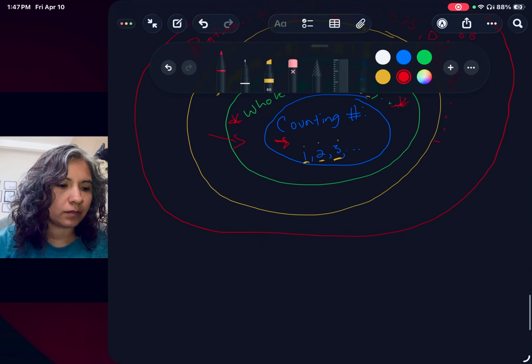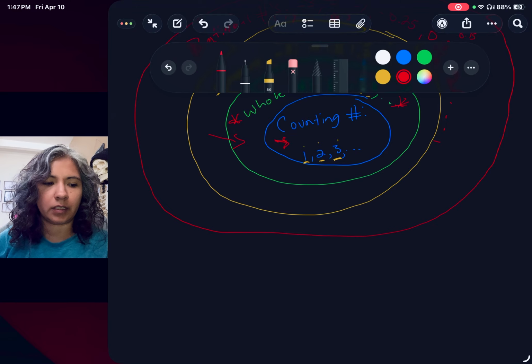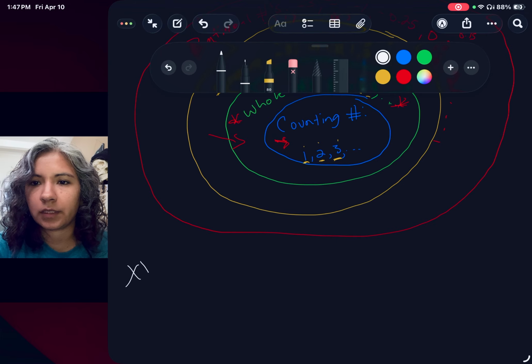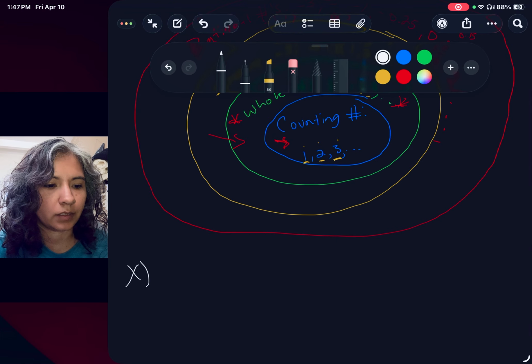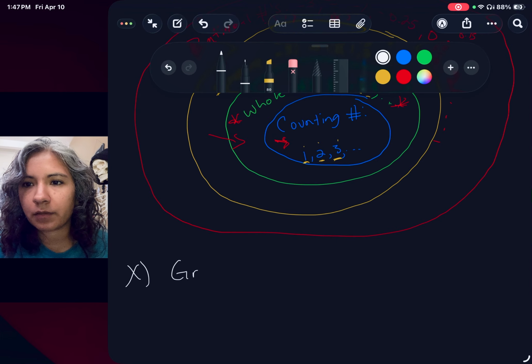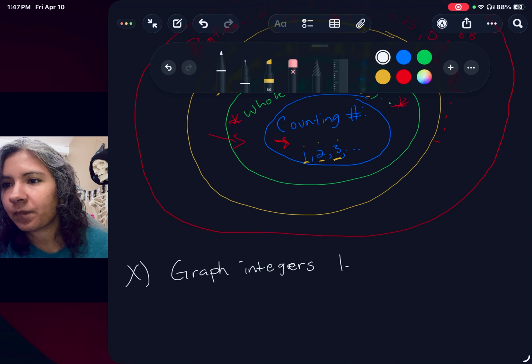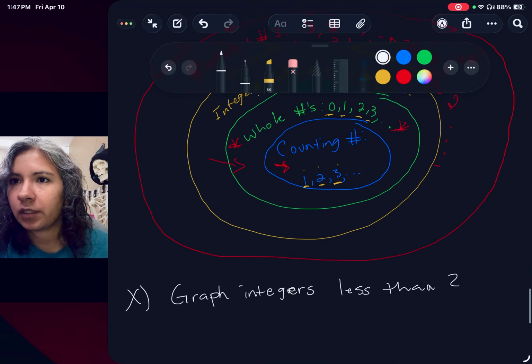So now we can graph. Now we can do examples based off of these numbers. So let's say graph integers less than 2.